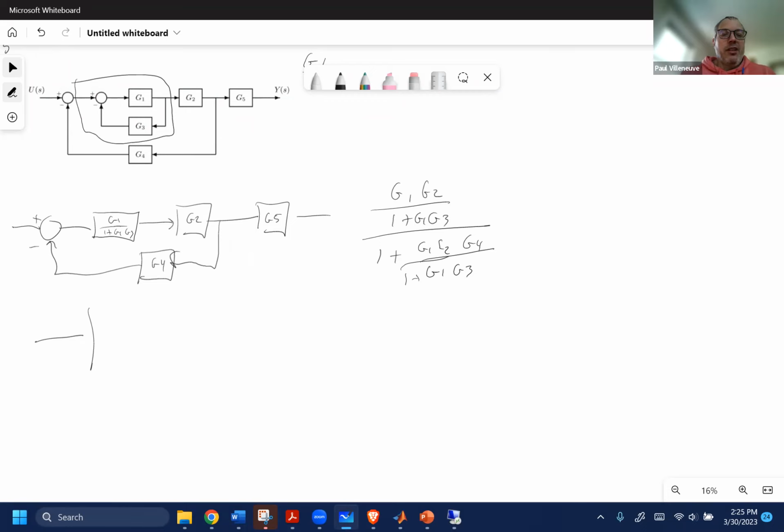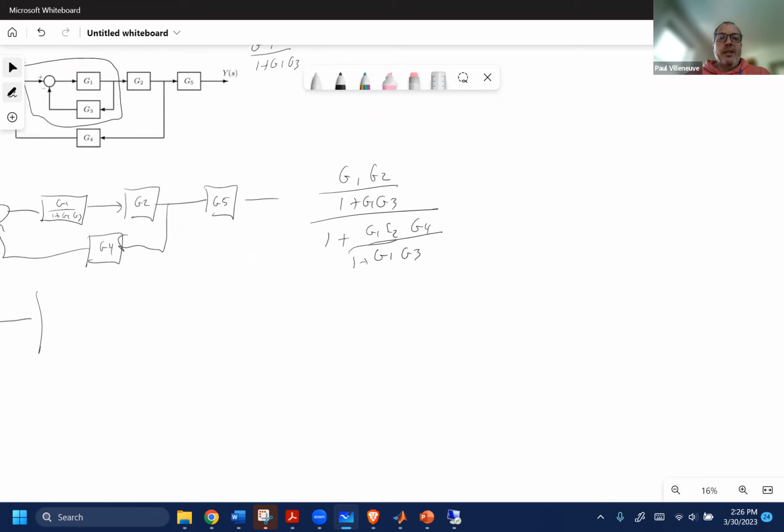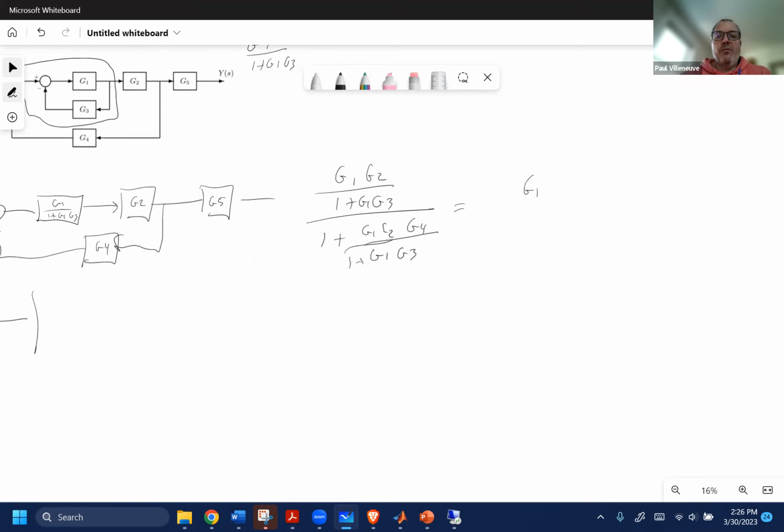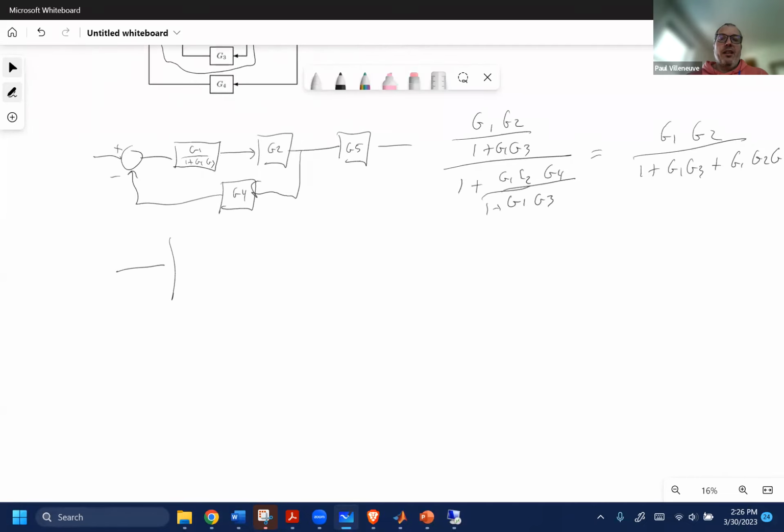So this is G over 1 plus GH. Yeah, okay, so now I'm going to put it under a common denominator. So that becomes G1, G2, all over 1 plus G1, G3, plus G1, G2, G4. That's that block, so that's what belongs in here. G1, G2, over 1 plus G1, G3, plus G1, G2, G4.